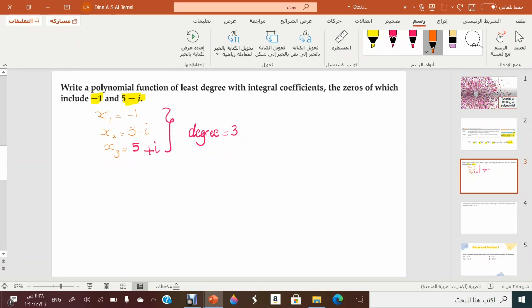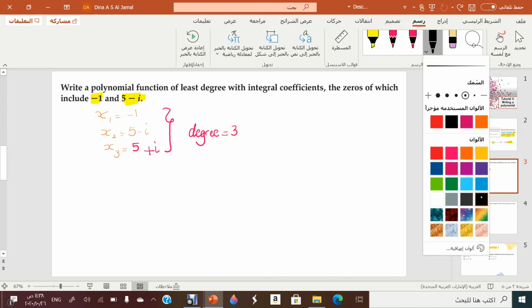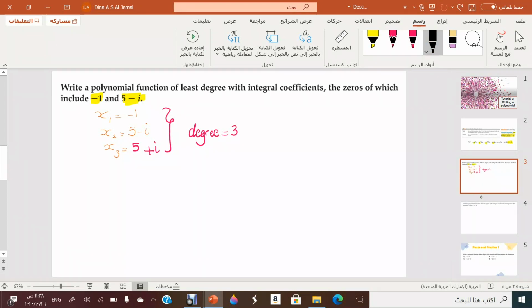So let's write it together now, and let's pay attention to this. First of all, f of x will be, as I told you, a will be 1 in your case. So x minus x1, x minus x2, and because I have only 3 roots, I will stop here, x minus x3.